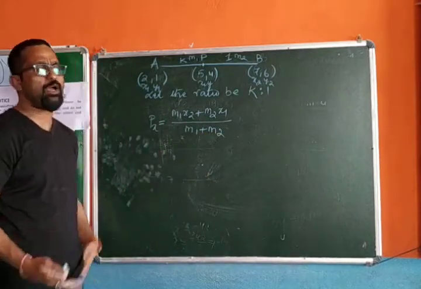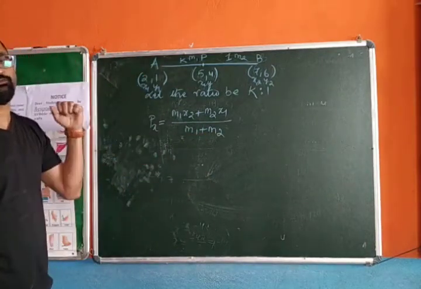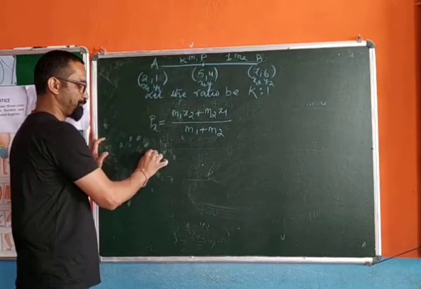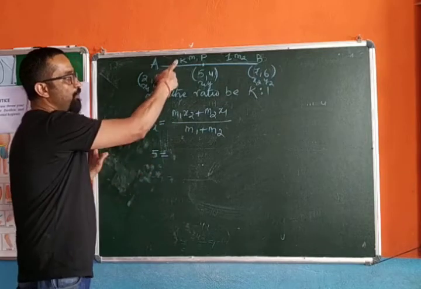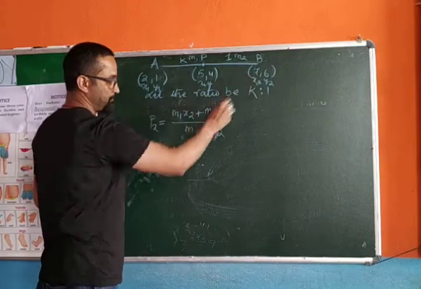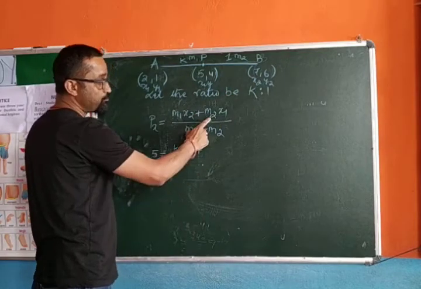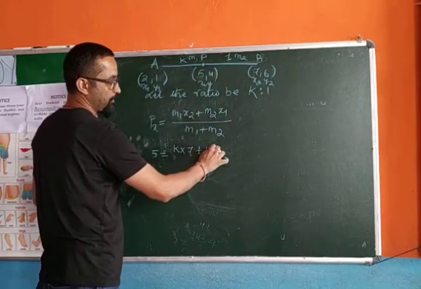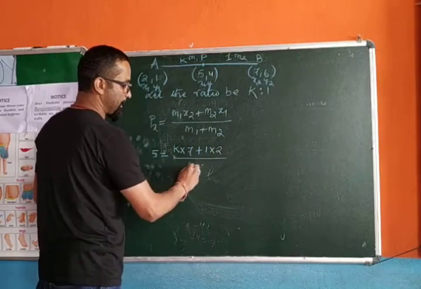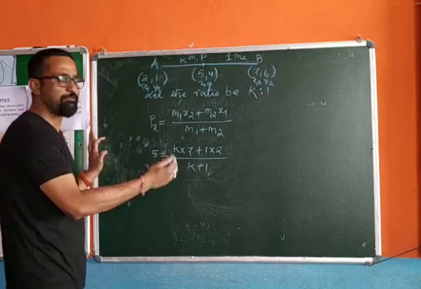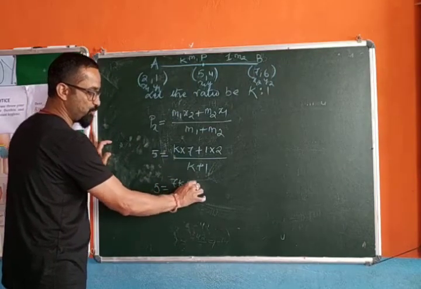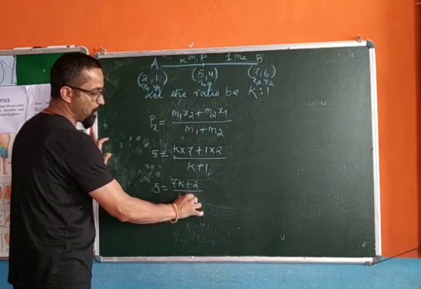Write down the formula, substitute looking at the format. Px is 5. m1 we have taken as k. x2 is 7. m2 is 1. x1 is 2. Divided by k plus 1. Simplify it. 5 equals 7k plus 2 divided by k plus 1.